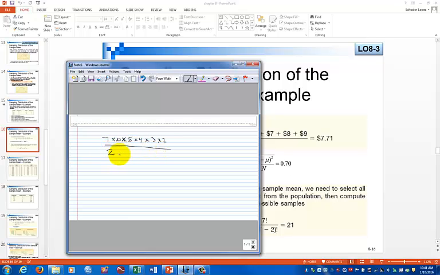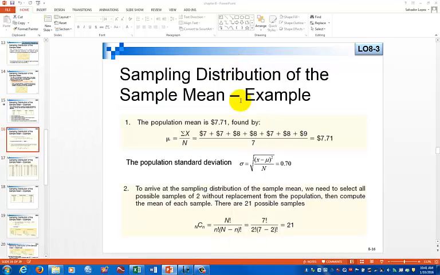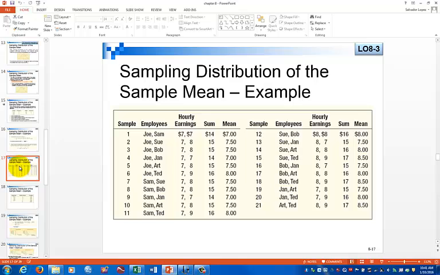Divided by 2 times the factorial of 5, which is 5 times 4 times 3 times 2. If you notice, all these 5, 4, 3, 2 can be canceled out. That leaves 7 times 6, 42, divided by 2. That is 21. Or you continue canceling things: 6 divided by 2 is 3, so 7 times 3 equals 21. So there are 21 possible samples.